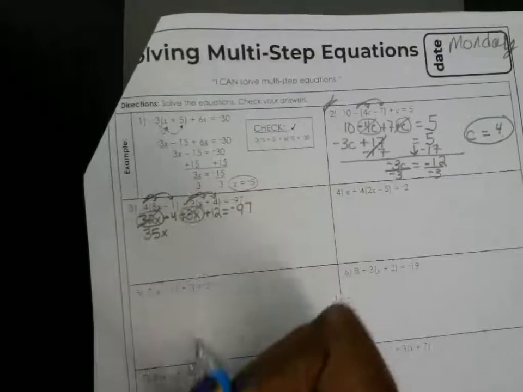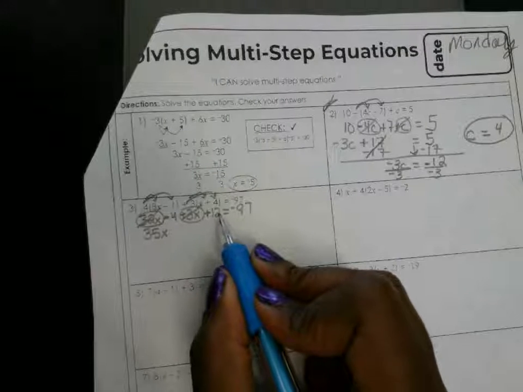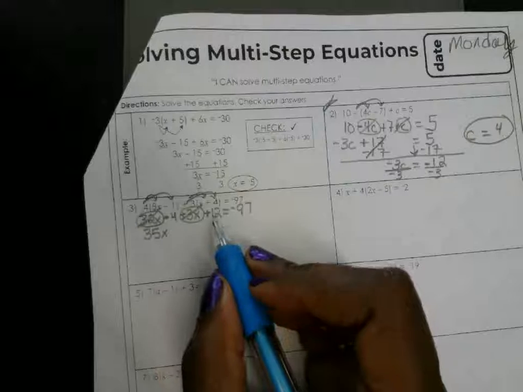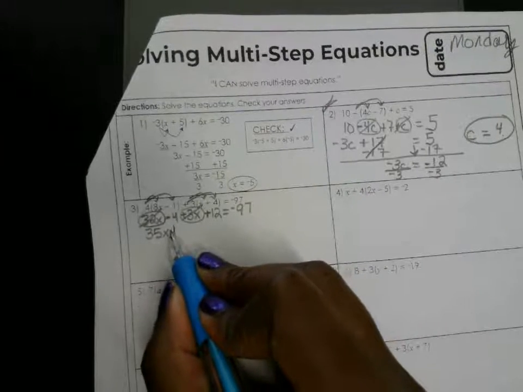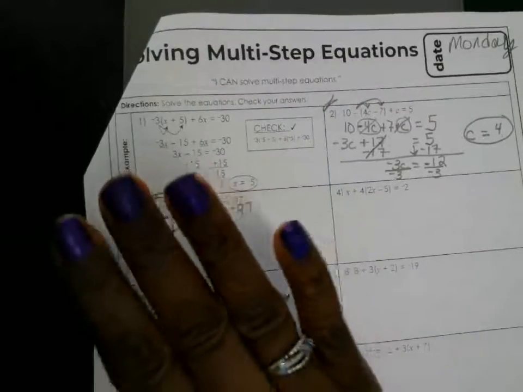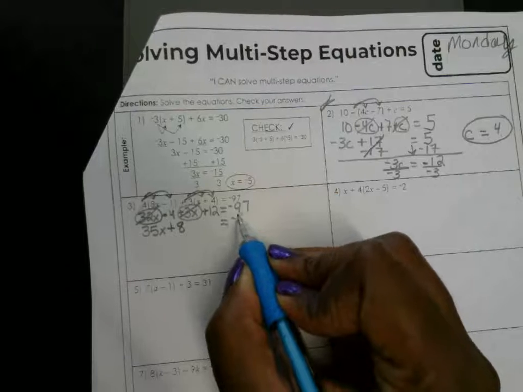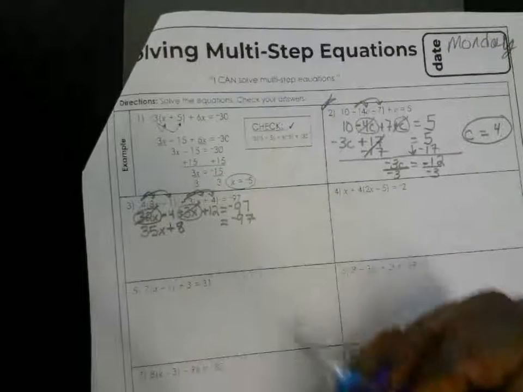The other pair of like terms, negative 4 plus 12, is going to give us a positive 8. Bring down the equal sign. Bring down the negative 97.